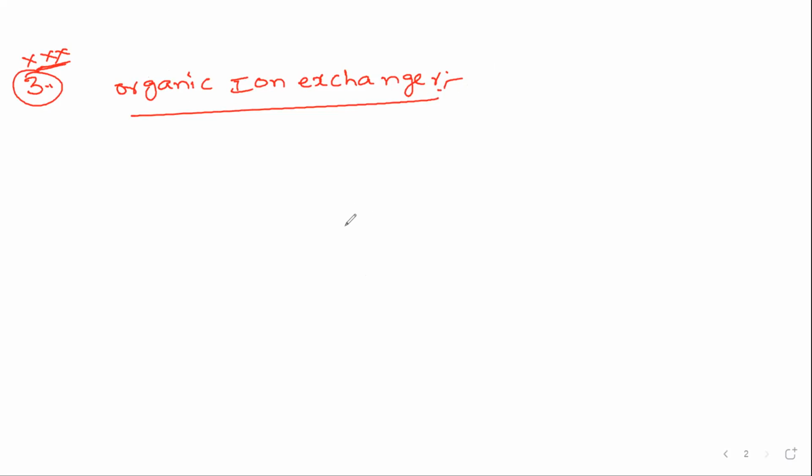These are complex organic molecules, giant organic molecules.